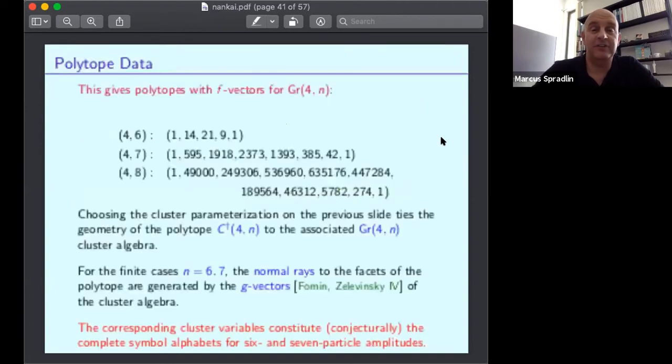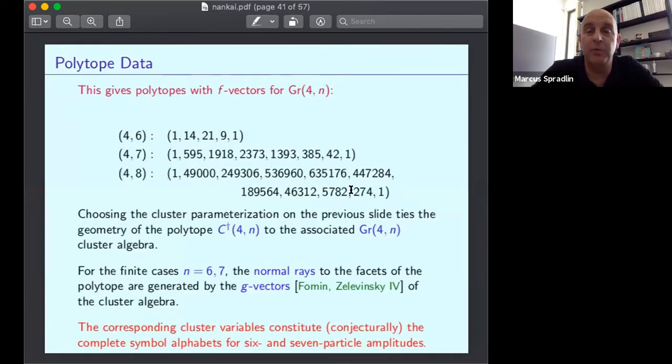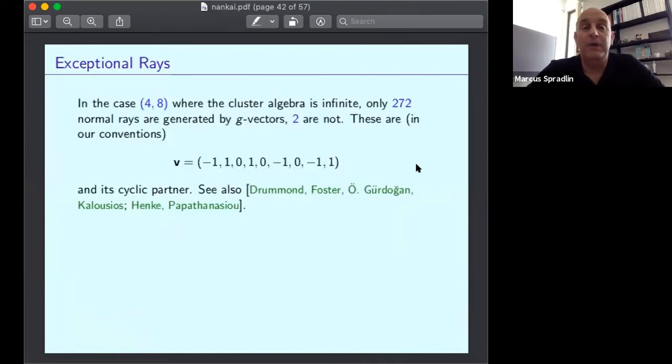When we do this construction, we find a polytope with 274 facets. We find that only 272 of the normal rays, there's a normal ray to each facet, only 272 of them correspond to cluster variables. The other two, in the language of cluster algebras that I'm not reviewing here, lie outside the cluster fan.